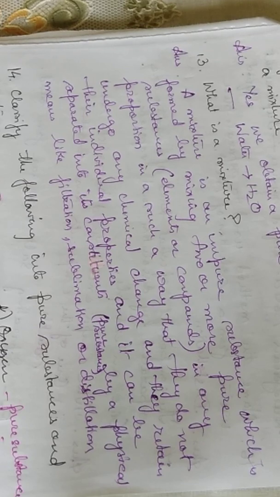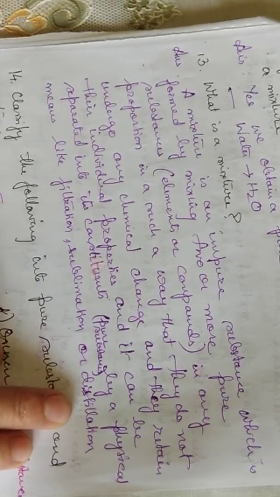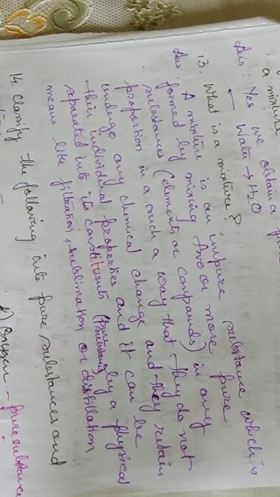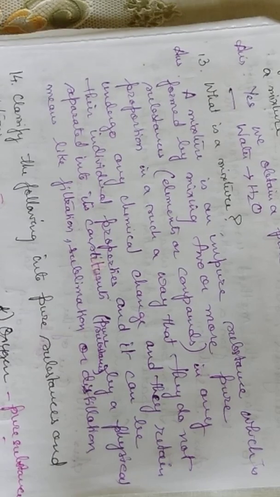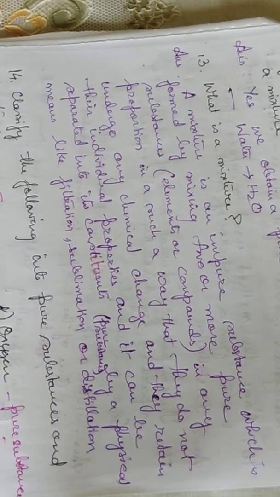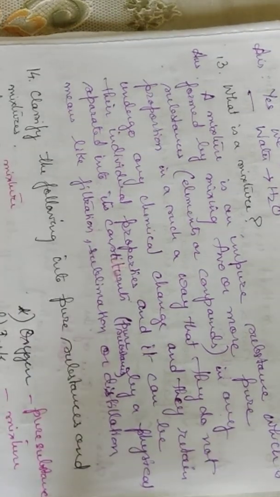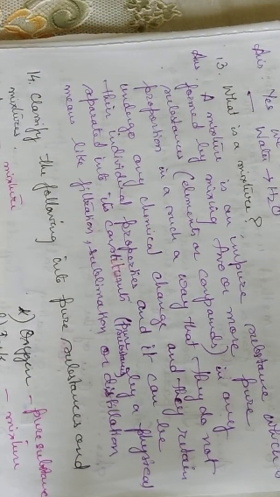by physical means. Constituents are the pure substances, separated by physical means like filtration, sublimation or distillation. So a mixture is an impure substance which can be formed by mixing of two or more pure substances. It may be elements or compounds.